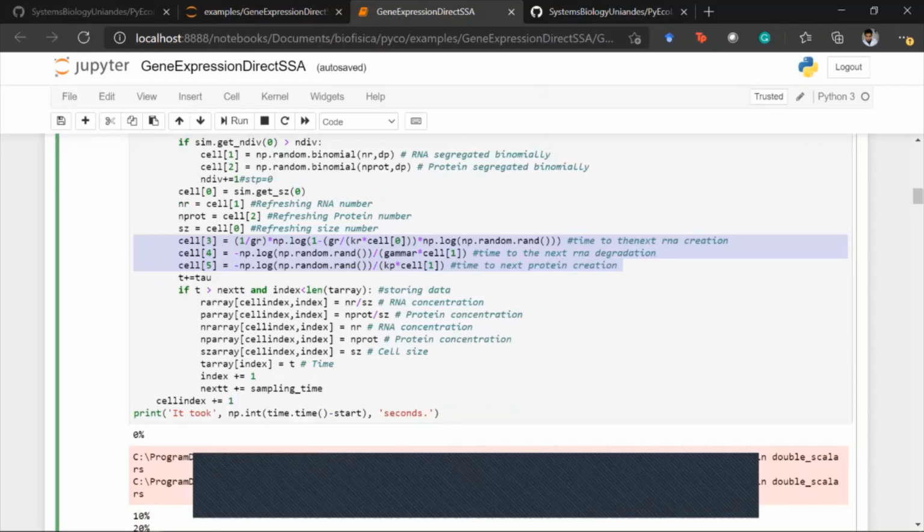And you can obtain, for instance, the concentration of RNA just by dividing the number of RNA by the size, the protein concentration, which is the number of proteins over the size, and, if you want to make some statistics, the number of RNA and the number of proteins as well as the size.